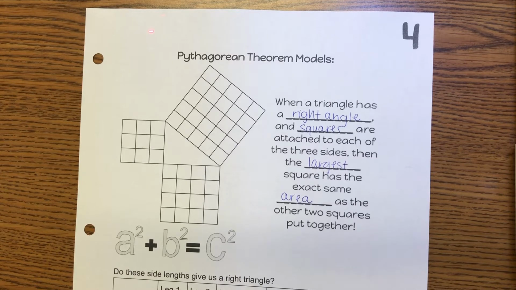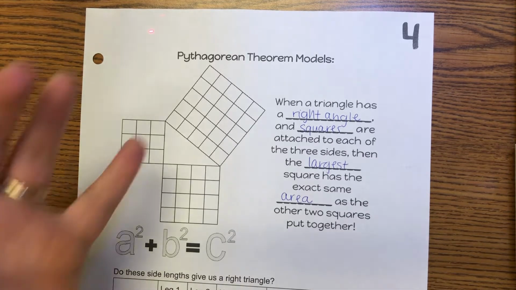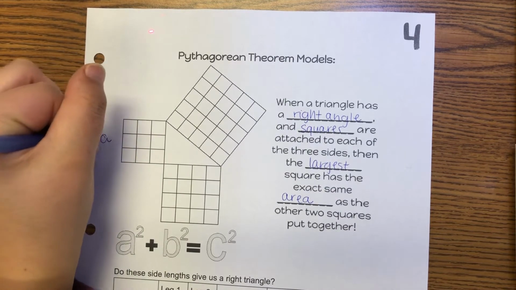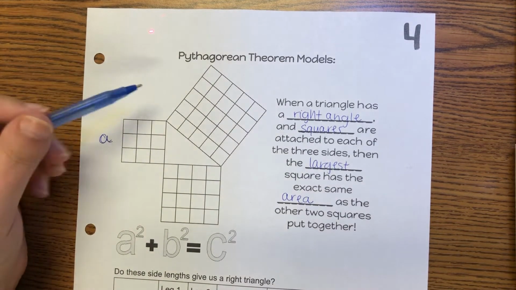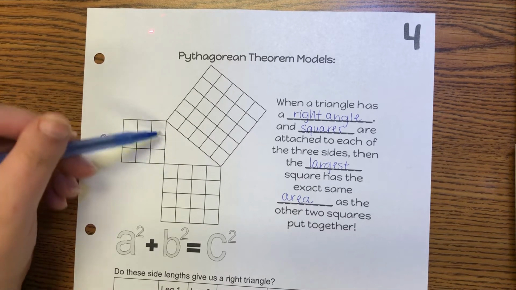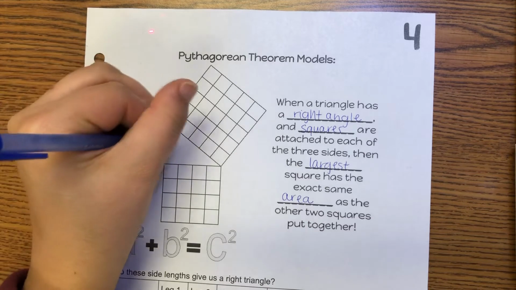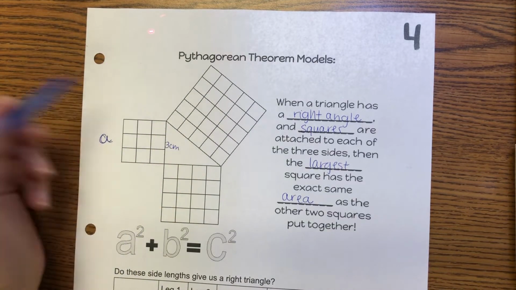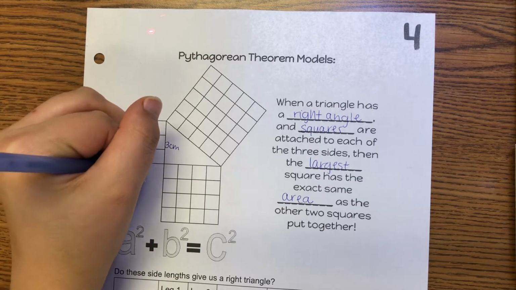So right here, let's talk about this first. So I'm going to talk about side 1 here. Okay, we call this side A. The length of side A, let's use centimeters. Okay, so I have 1, 2, 3, so 3 centimeters. And it is a perfect square, so each side is also 3 centimeters.